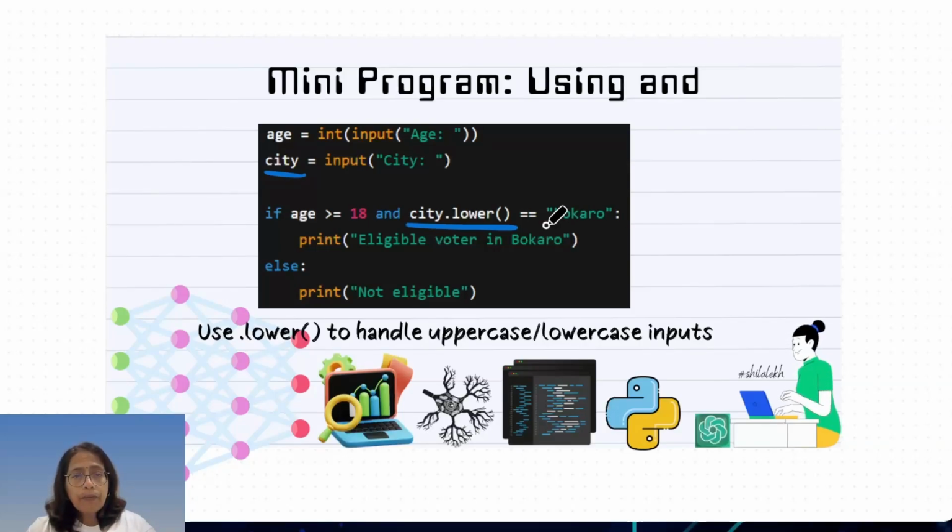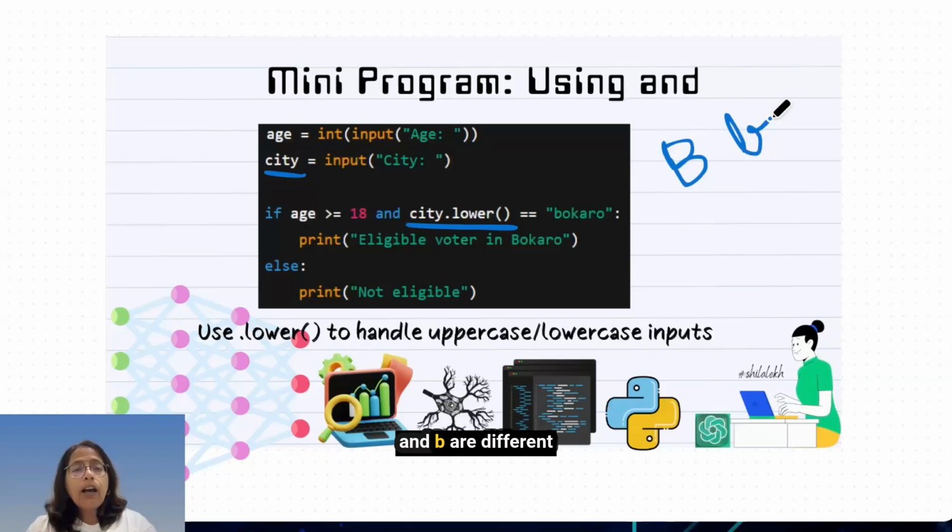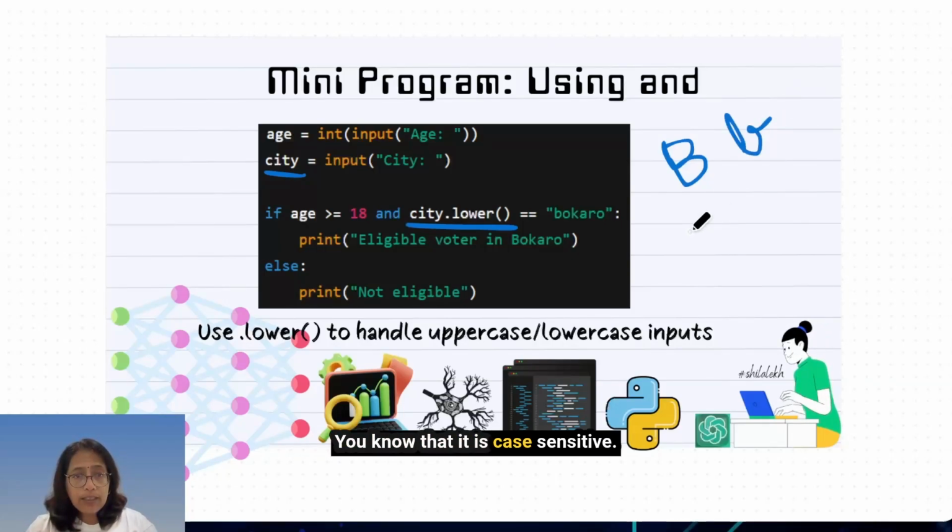So uppercase B and lowercase b are different entities for Python. You know that it is case sensitive. You can try this out.